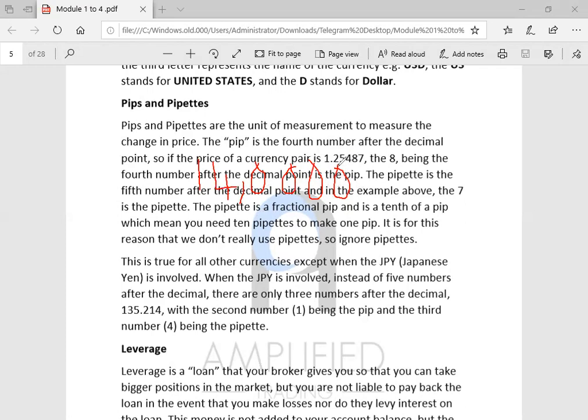So if this moves from 14,000 to 14,002, that means the market moved up 2 pips.